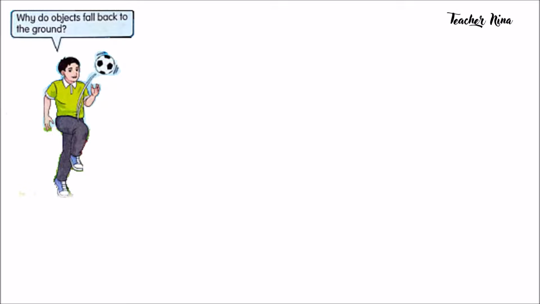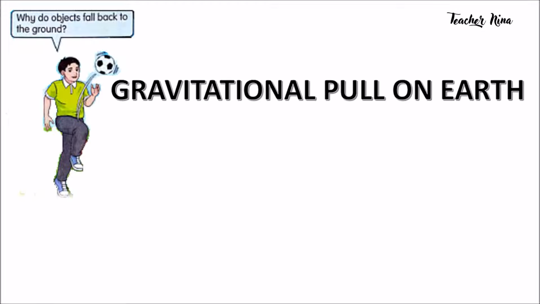Now, why do objects fall back to the ground? Okay, everyone, I am now going to introduce to you an amazing force that we're all experiencing right now without even trying. And that force is known as gravitational pull on Earth.